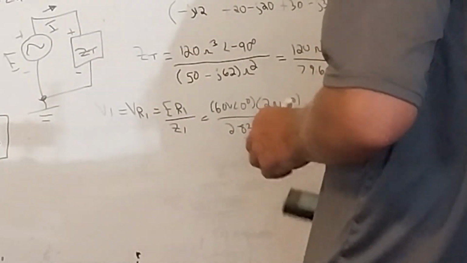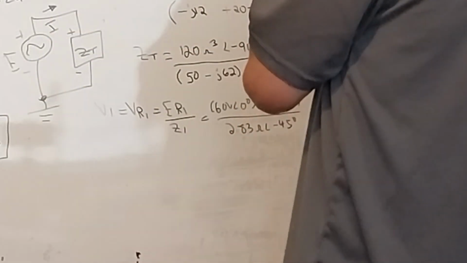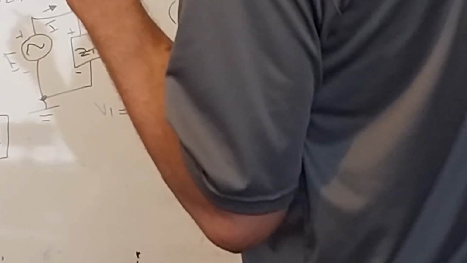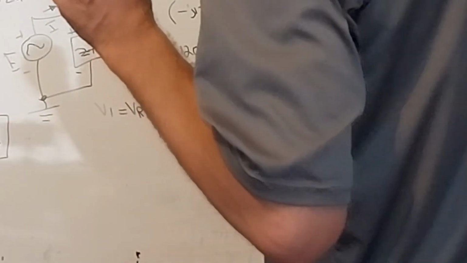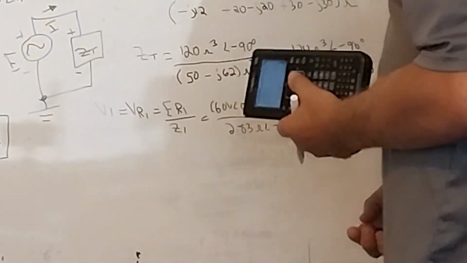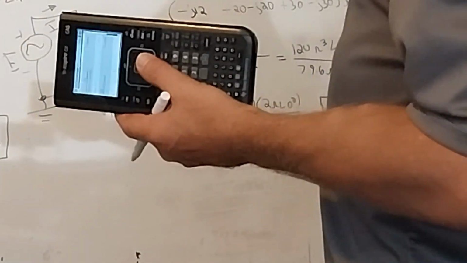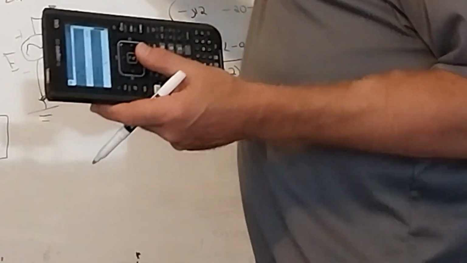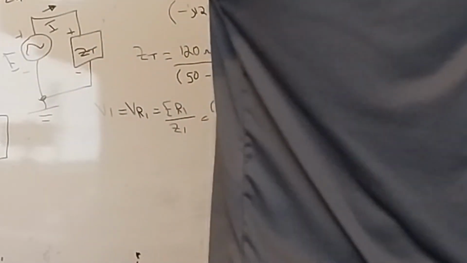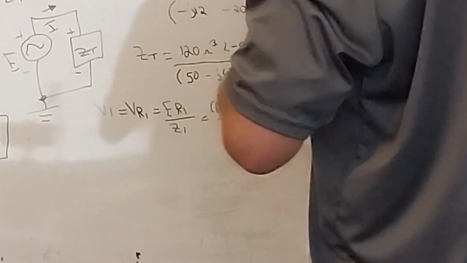Now part C wants us to find the current I1, and I1 happens to be the current that's flowing through R2, which is Z sub 2. Well, that's easy. All we got to do is just take E divided by Z sub 2, and we have the whole current flowing through both the R2, X of C1, and L, X of L. So that's an easy one.